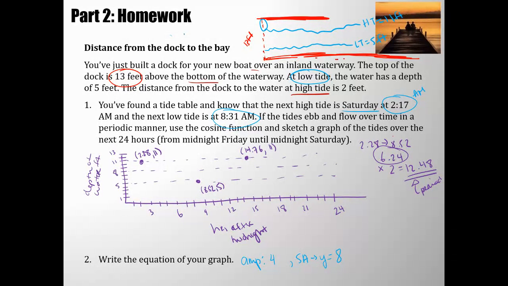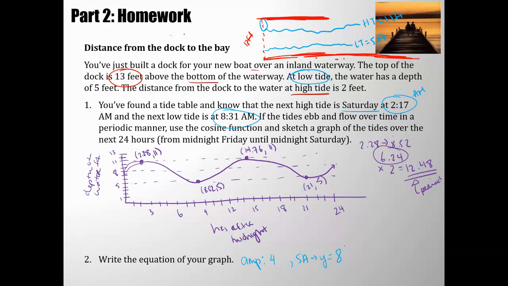And if I add half of the period again, I get 21, where I would get back to low tide, which is 5. So I'm going to be almost at the middle right at the end. You can see what is happening for those 24 hours. Probably right about there. Cool.